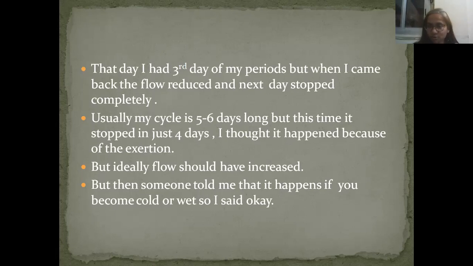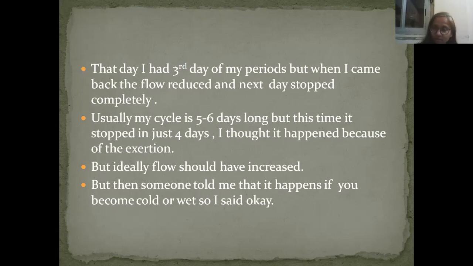But she also told me that usually my cycle is 5 to 6 days long. It is not that short. But last time when it came, it stopped in four days, and I thought it could be because of the exertion. But ideally, I still think that it should have increased, but it stopped. Then someone told me, okay, wait. So I kept waiting, but it's been 2 months, and I'm not getting my period.